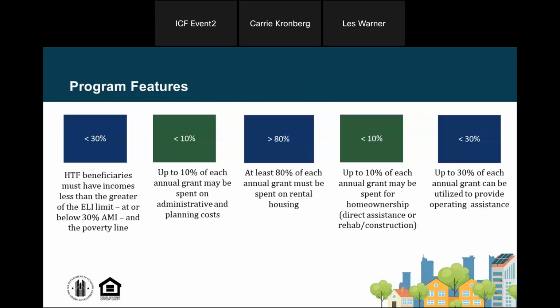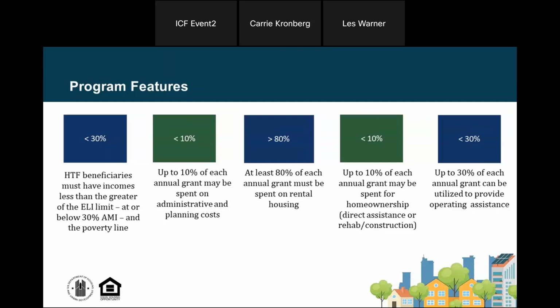So the program featured requirements, and let's walk through these from left to right. The requirement is that Housing Trust Fund beneficiaries must have incomes at less than the greater of the extremely low income limits, which is at or below 30% of area median income, or the poverty line.